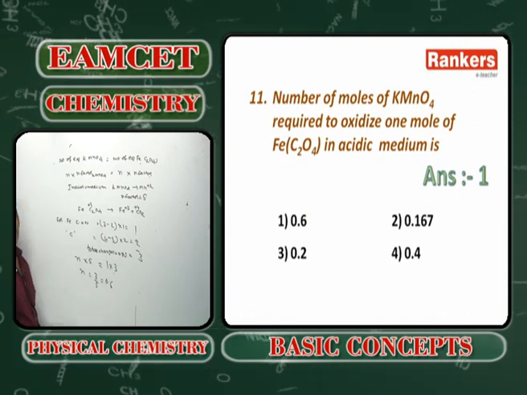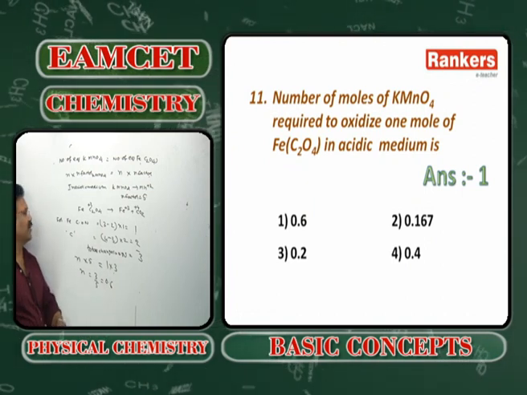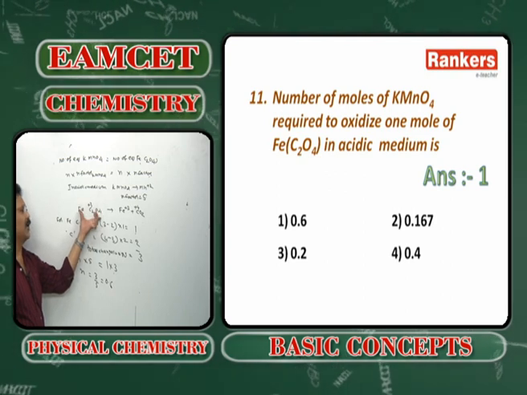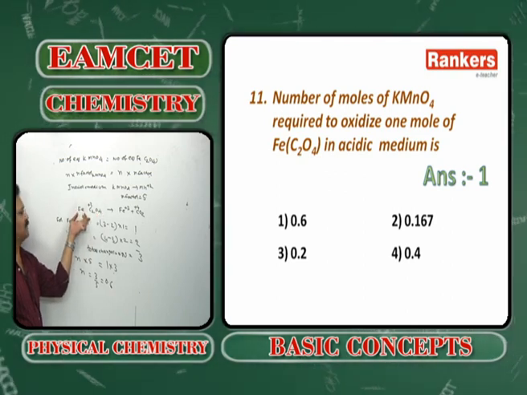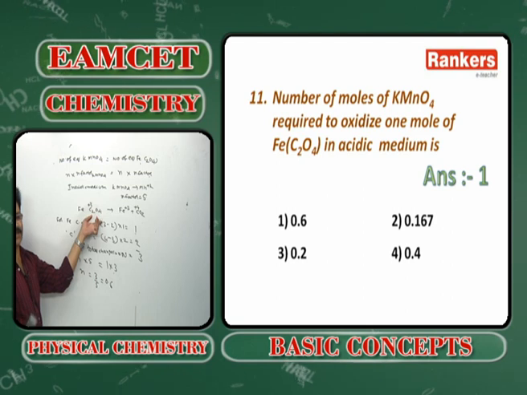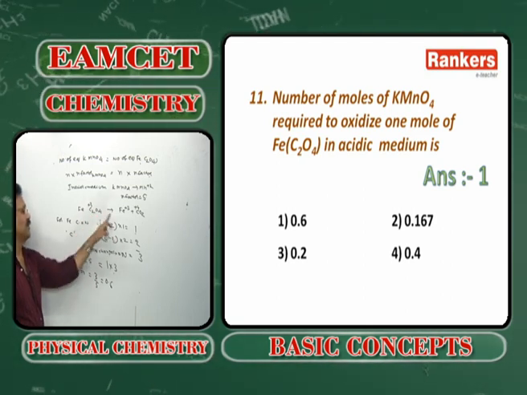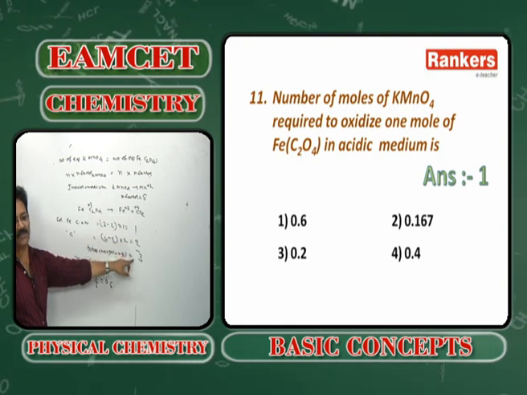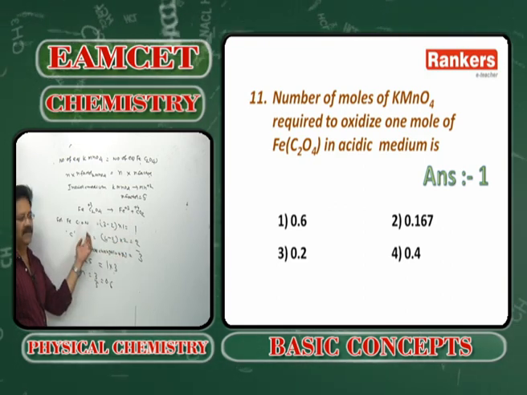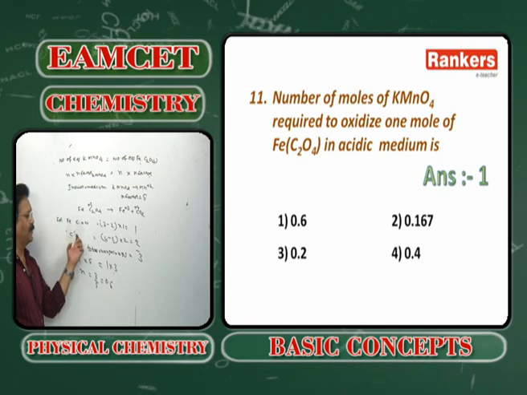So the answer is 1. This is an important concept. In a compound, if more than one species undergoes either oxidation or reduction, the n factor must be the sum of the change in the oxidation numbers of both the elements. It is an important problem.